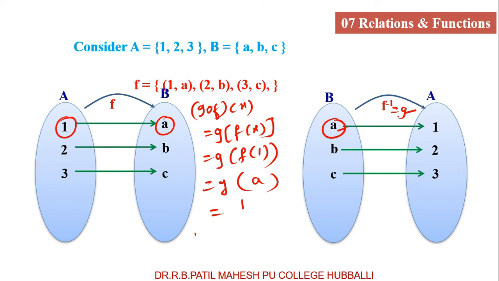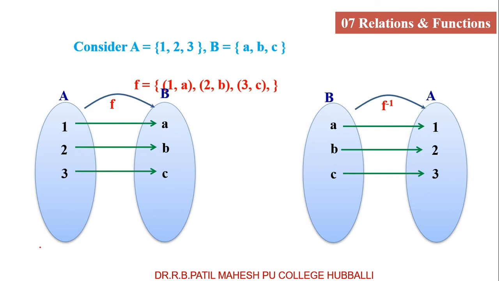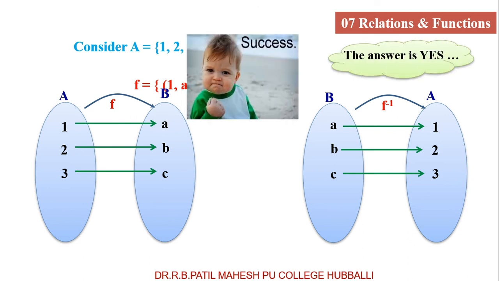Clearly g composition f of 1 is equal to 1. Is this identity? Yes. g composition f of 1, you got 1 only, hence it is identity. Not only 1, even if you take 2 also, you will get the same identity. Even if you take 3 also, you will get the same identity. Here everything gets success, students. Success we get, hence the answer is yes.